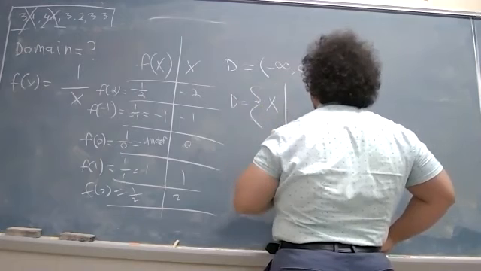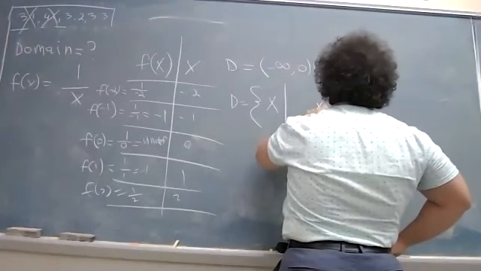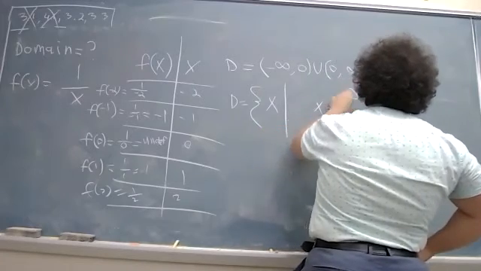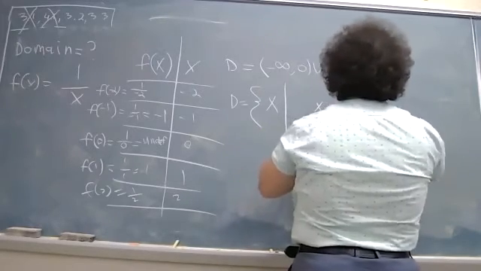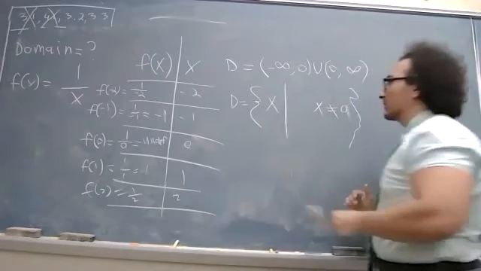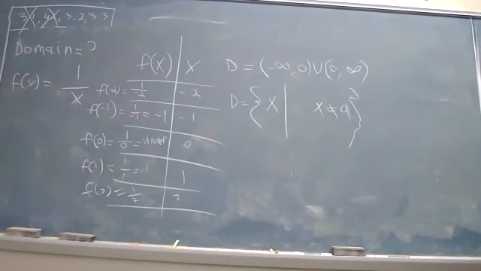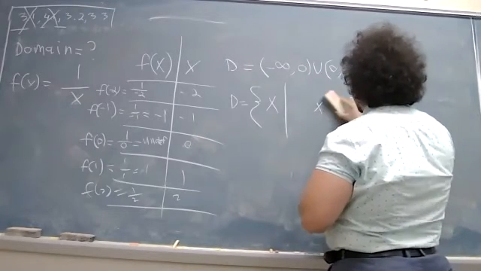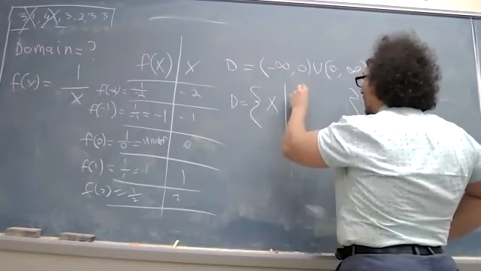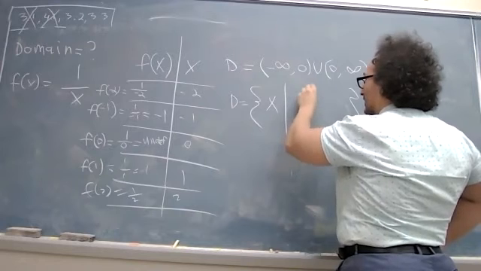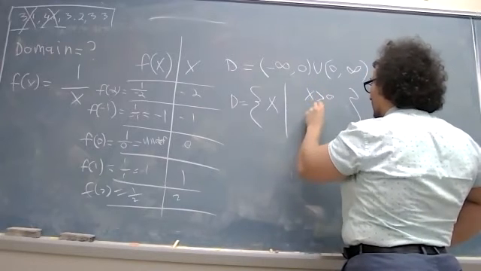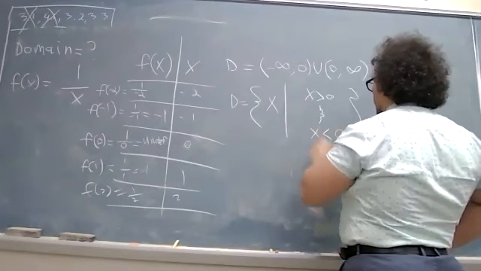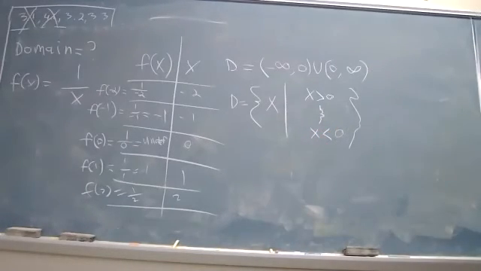It's the set of all x such that x never equals 0. Or equivalently, you could say x is greater than 0 or x is less than 0, meaning everything but 0.